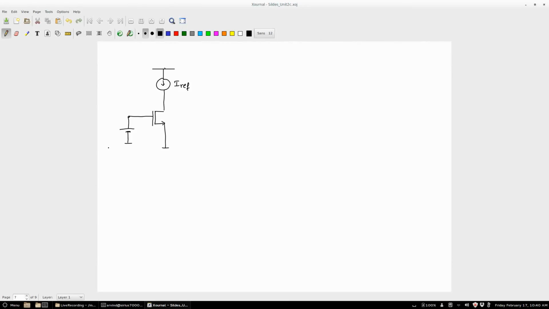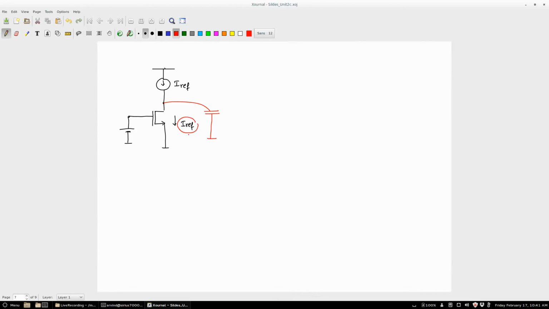Okay, so I have this situation now where I have a source and the value of the current source I know is some reference value. Then I have a MOSFET here and I have something here. It means we want to make this thing smart.